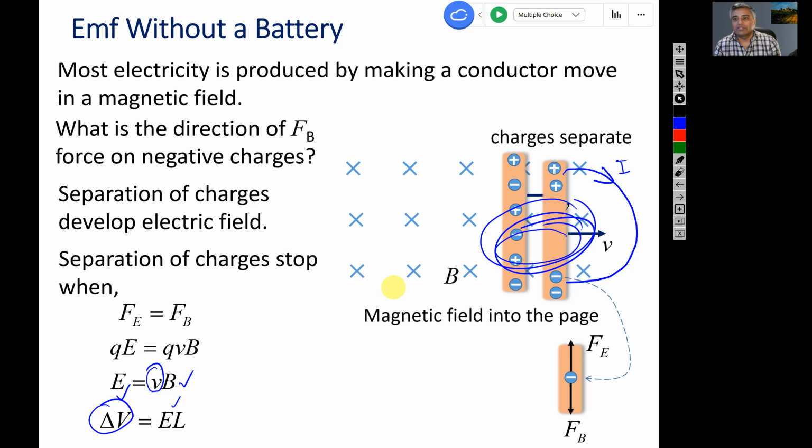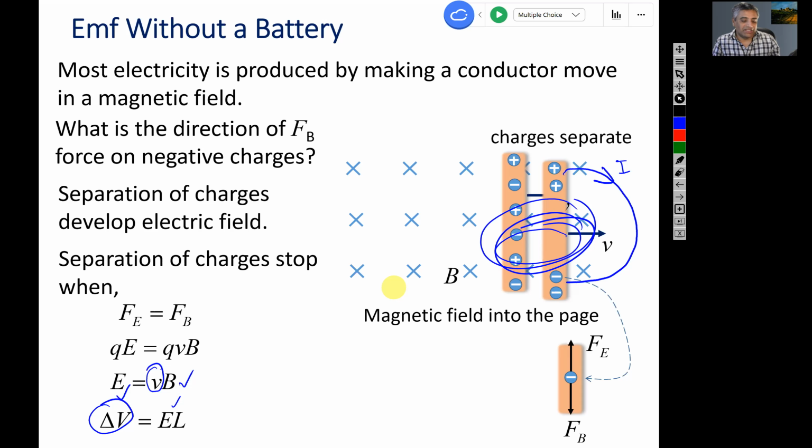So let's suppose you decided to generate some electricity by dragging this thing. You connect a wire, make a circuit, connect a light bulb here, and then you move this one fast. You expect that light bulb to light.